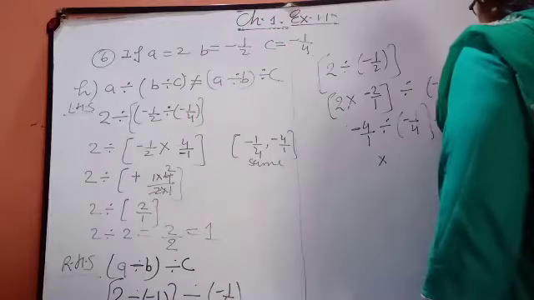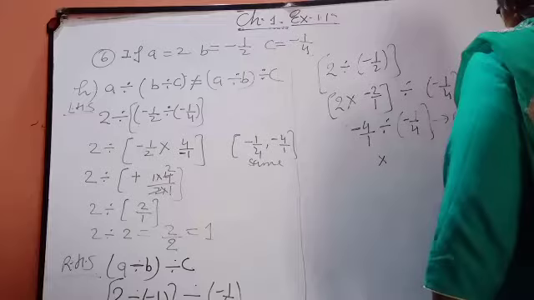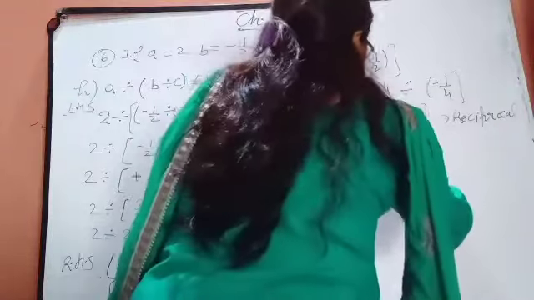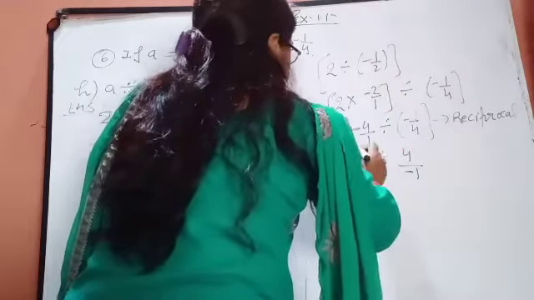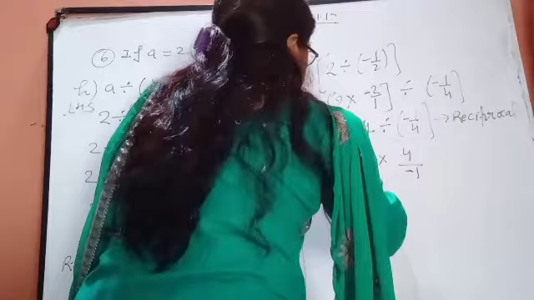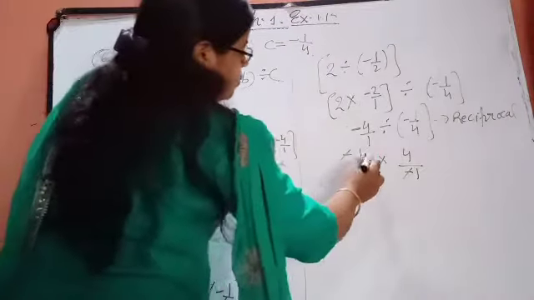I am writing here so that you may understand. Everybody knows how we take the reciprocal. So it will become 4 upon minus 1, and here minus 4 upon 1. So minus and minus will cancel. Okay.